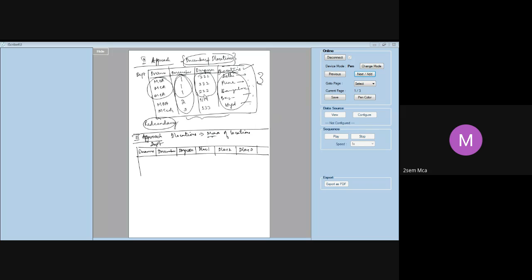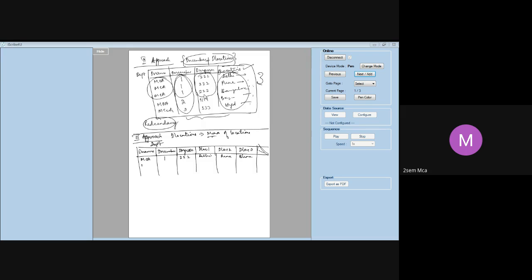So when I try to enter, what do I enter? Department name MCA. Department number is 1. MGR SSN is 222. First location is Delhi. Second location is Pune. Third location is Bangalore.